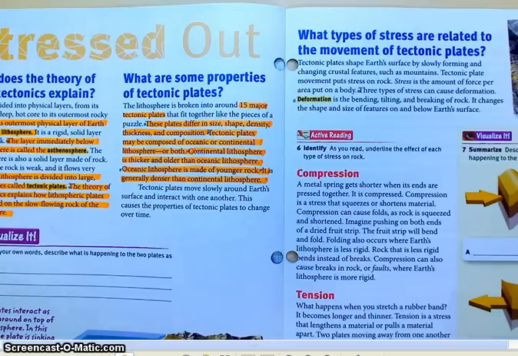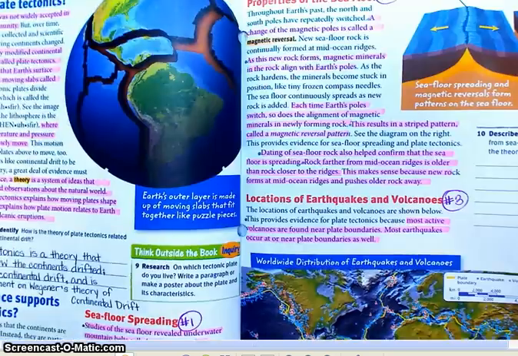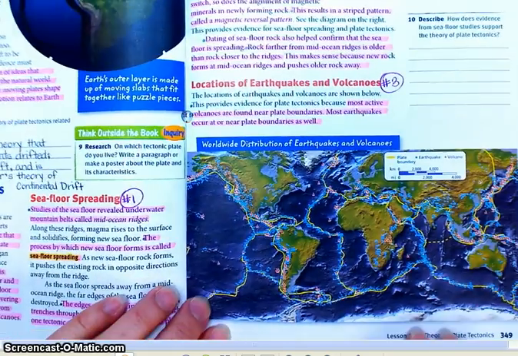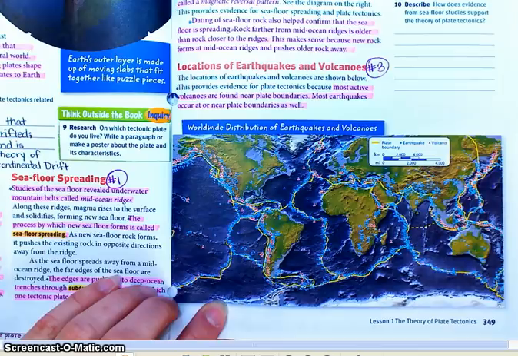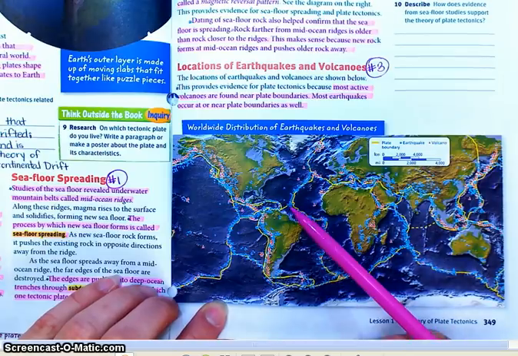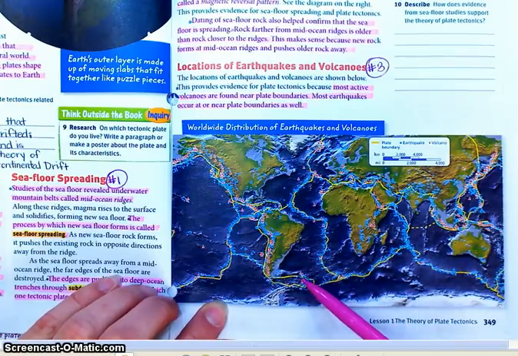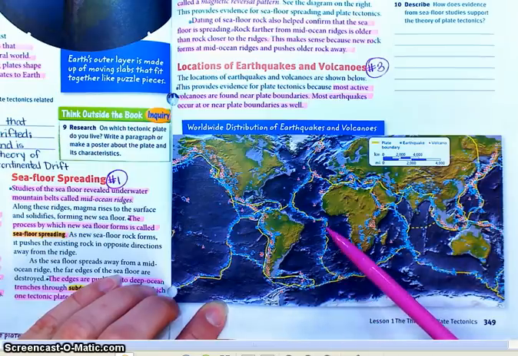Okay, so I'm going to go back to an illustration that we looked at in lesson 1 because I want to talk about oceanic lithosphere and continental lithosphere. This is on page 349 in lesson 1. And remember that the yellow lines are boundary lines for the lithospheric plates.